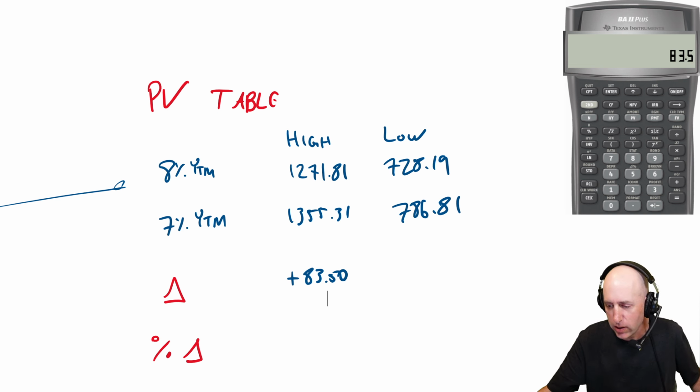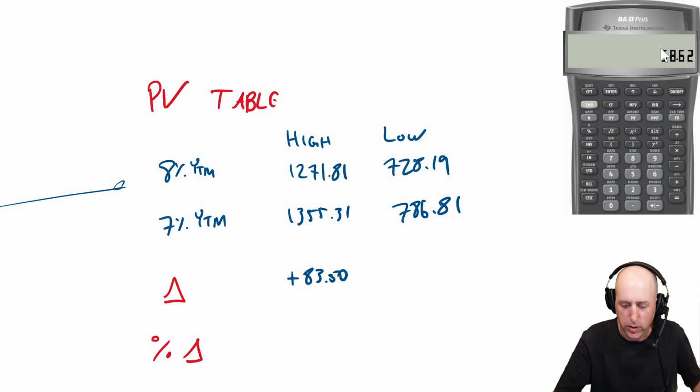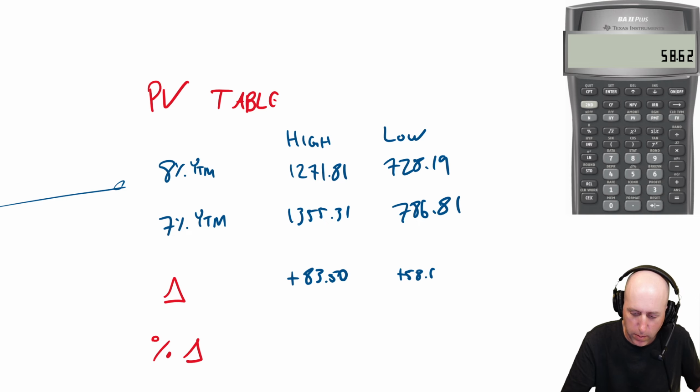For our low bond, 786.81 minus 728.19 is 58.62, and there's an increase of 58.62.